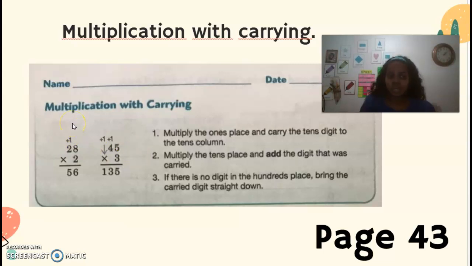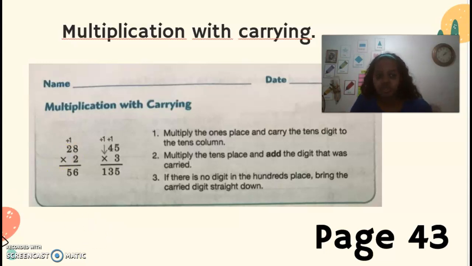So you already know that you are going to add that number. We are always going to start from the right side to the left side, not from the left to the right, no. Always from the right to the left, with the ones, then with the tens and so on.